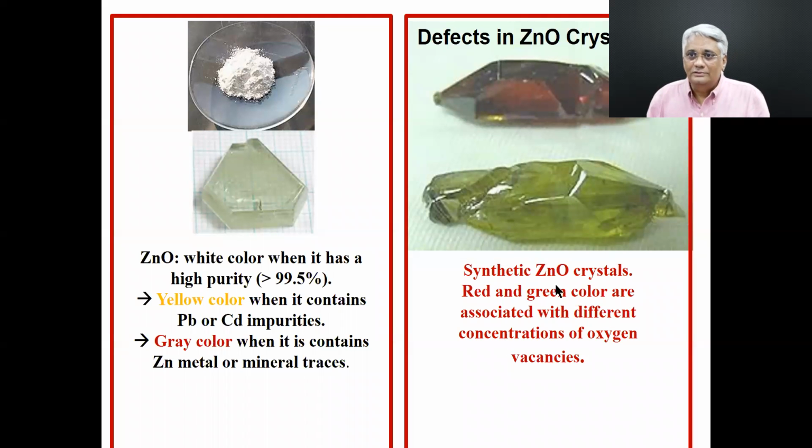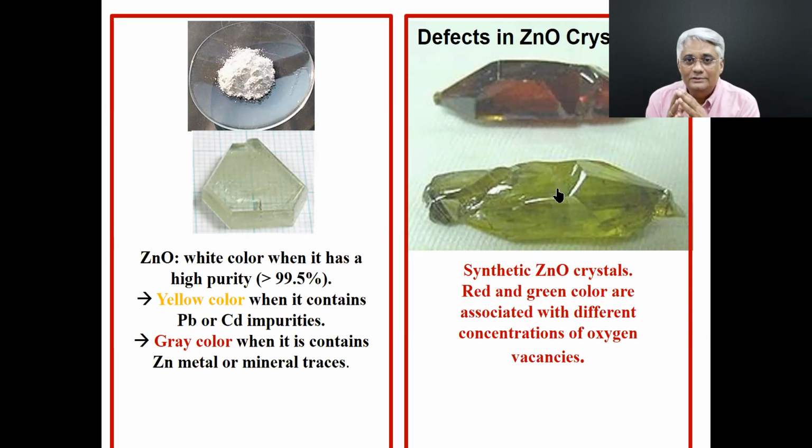Red and green colors are associated with different concentrations of oxygen vacancies. So zinc oxide, alternating zinc and oxygen atoms in the lattice, and then oxygen vacancies or zinc vacancies can bring about coloration. And this is a classic example of how oxygen vacancies can make the crystal colored.